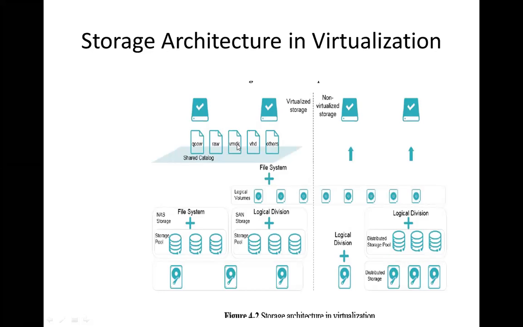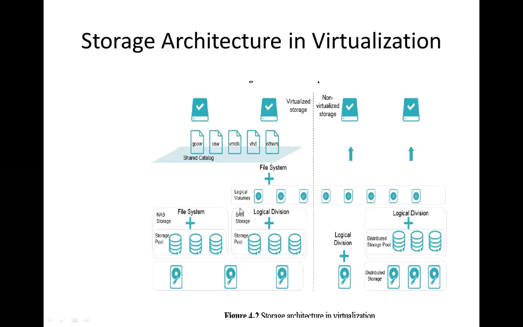After that, you can see these are the logical volume and the file system. The file system is in the form of a logical volume, and this file system is connected with this logical division and the file system division. There are two kinds of approaches for storage in the virtualized environment: one is called NAS storage, and in the logical division we have SAN storage.